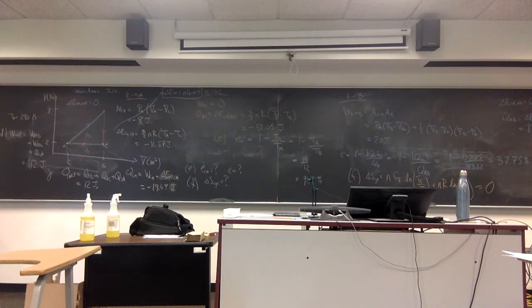So here you know TA. TA was given in the problem. You know the volume at A is given in the problem. And you know the volume at C is the same as the volume at B, because this is isochoric. So if you wanted to replace the C with the D, it's the same thing. And yeah, so you know everything there.